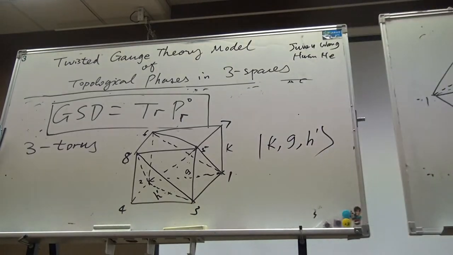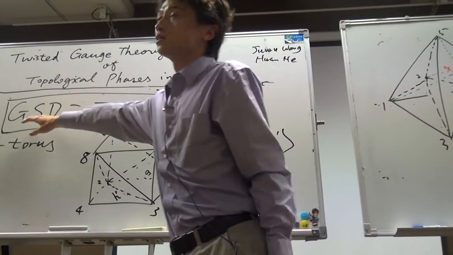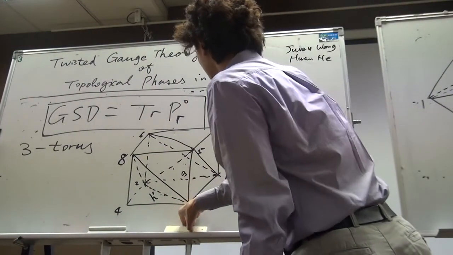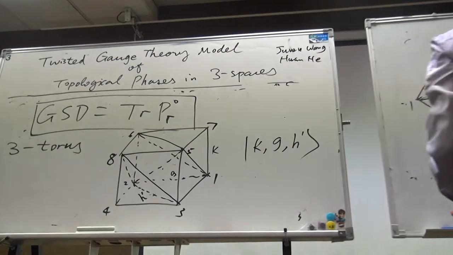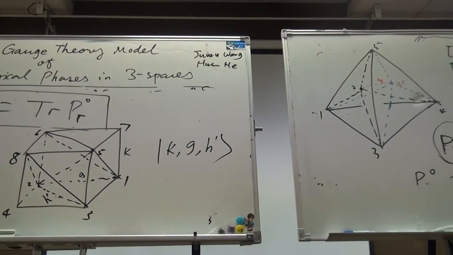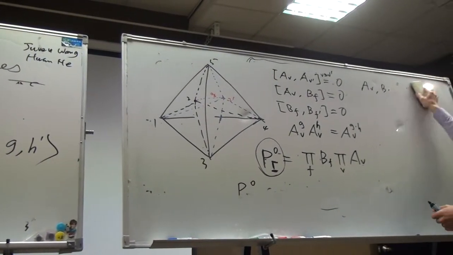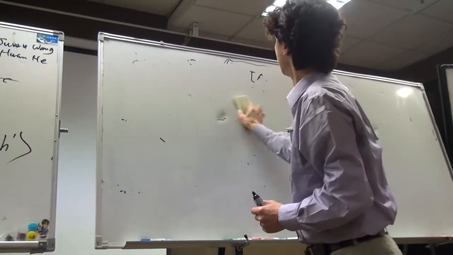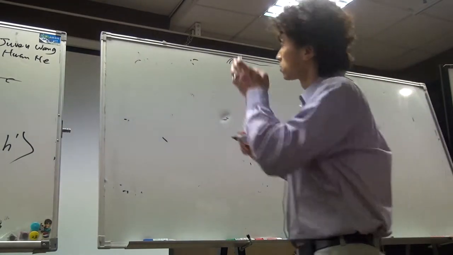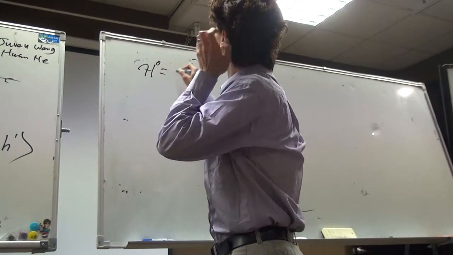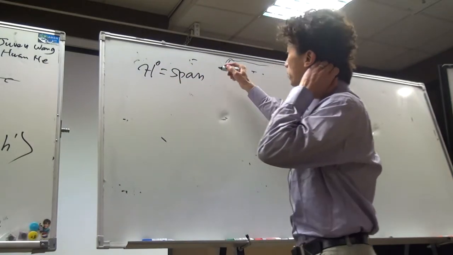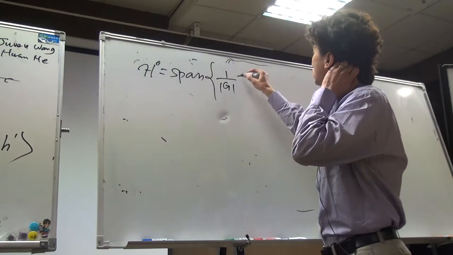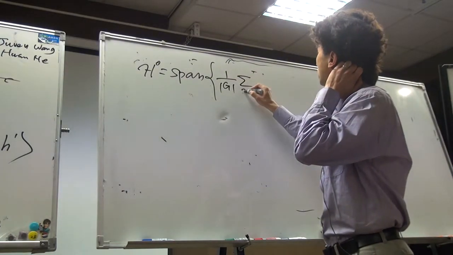Now, our task is to find out the ground state degeneracy on such a 3 torus, and I would, of course, not show you the details, but present the results, because I don't have time. So it's better to write down the Hilbert space first. The ground state Hilbert space will be a span of such things, sum over x g.